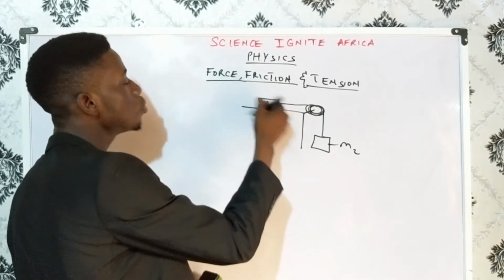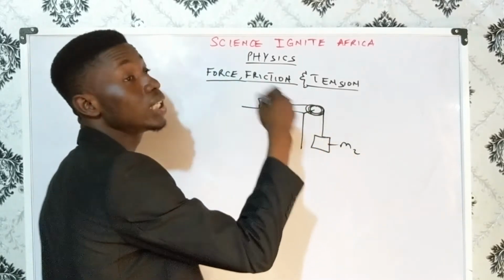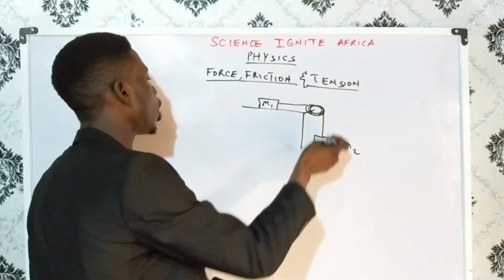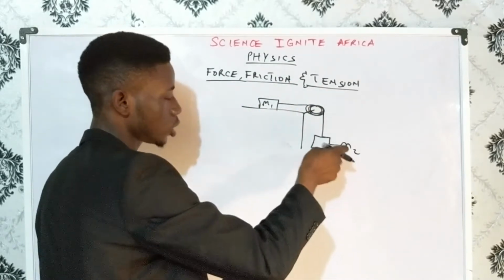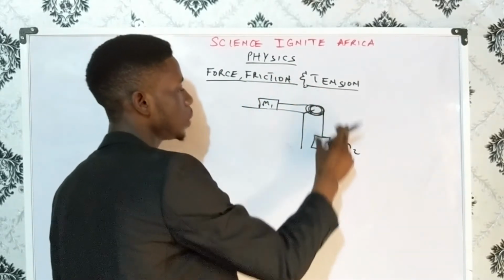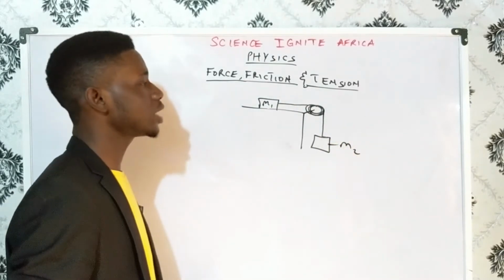But no matter how much you make, even if you make M1 20 times M2, it will still not pull or push this body to itself. It can only keep it from what? From rolling down.